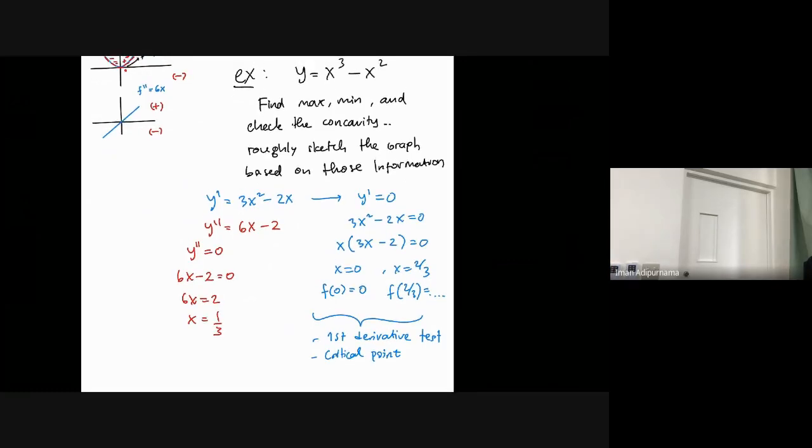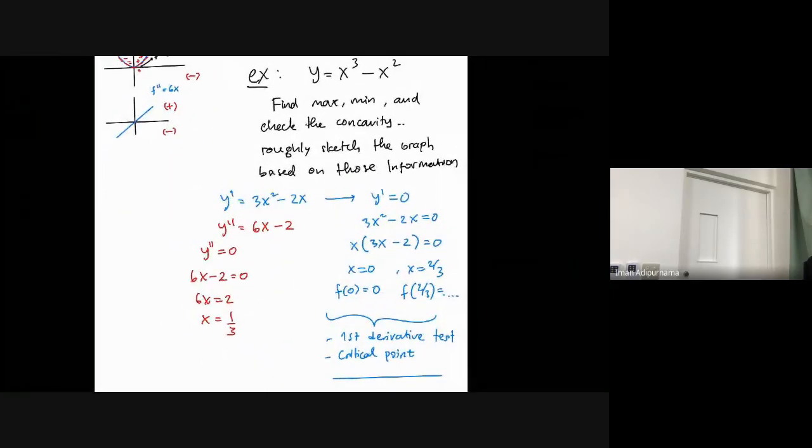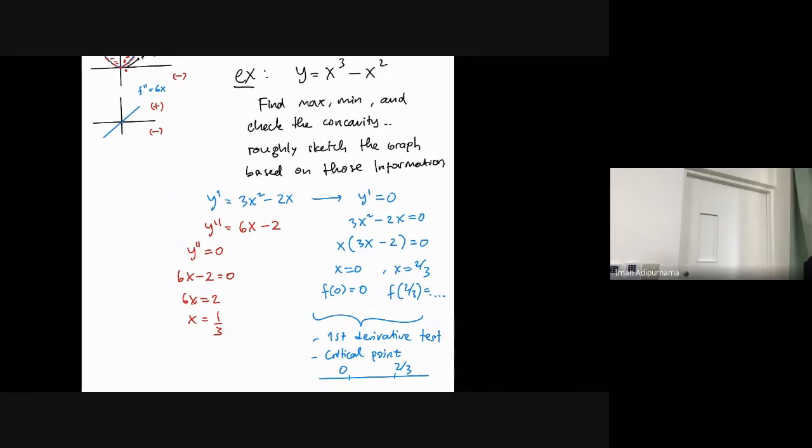We can check the critical points through a number line like this, with 0 and 2/3. Checking whether each is a maximum or minimum, we first check the sign. Checking near 0, say negative values, it's positive.